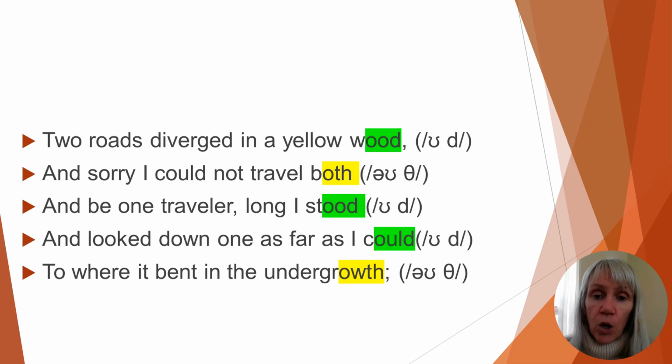Then we have ud in stood, ud in could, and oath in growth. So the green all contain the same ending rhyme sound, ud, and the yellow contain the same ending rhyme sound, oath. So we have would, stood, could, both, and growth. That's where our rhyme is coming in.